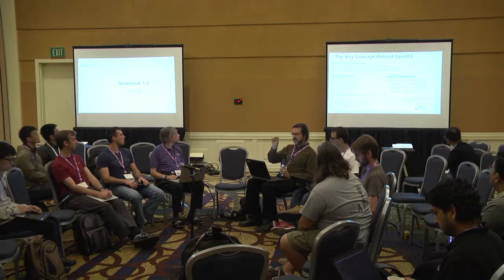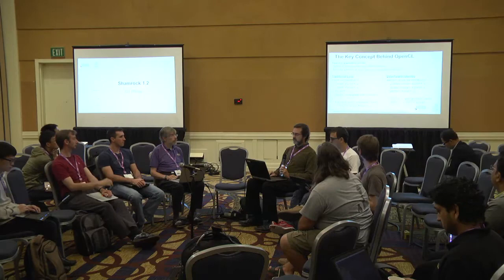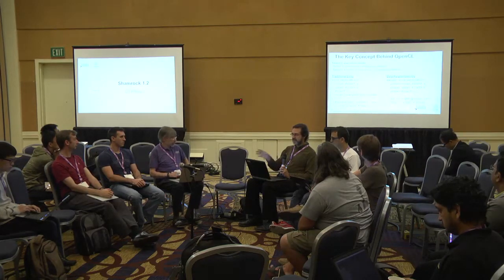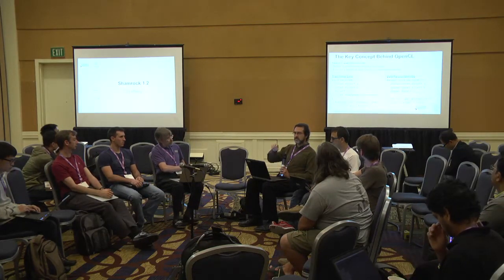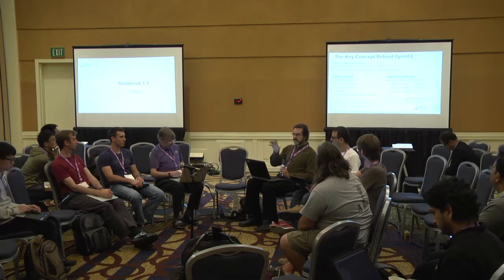It runs this kernel at each point in the output space. And the OpenCL driver takes care of dispatching that to the right number of cores or accelerators, depending on how you set up the number of work groups and work items per work group.